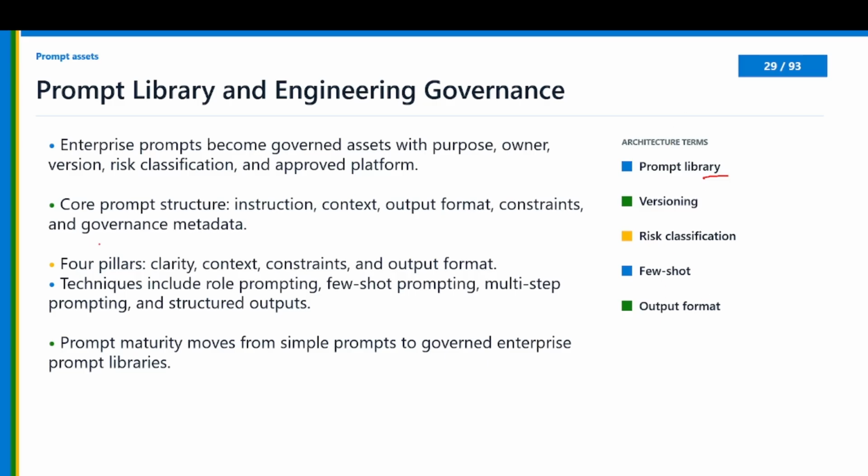Okay, so let's look at what we have in our test. We have that an enterprise prompt becomes a governed asset with purpose, owner, version, risk classification, and approved platform. So enterprise prompt is very, very important. Just like code is very important, enterprise prompt is very important, because that is the main task.